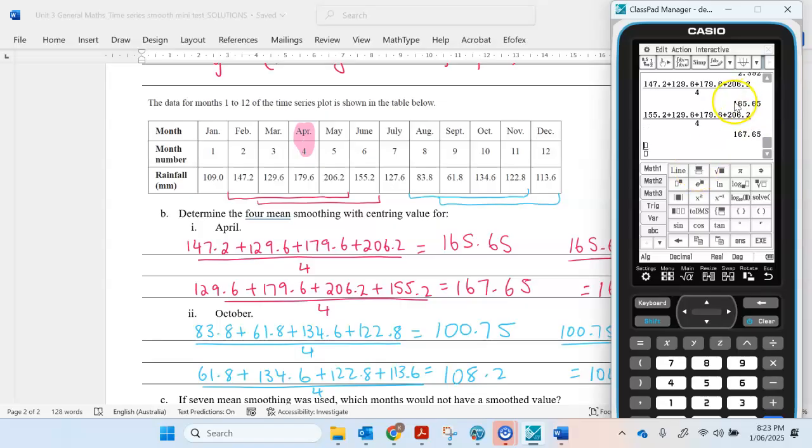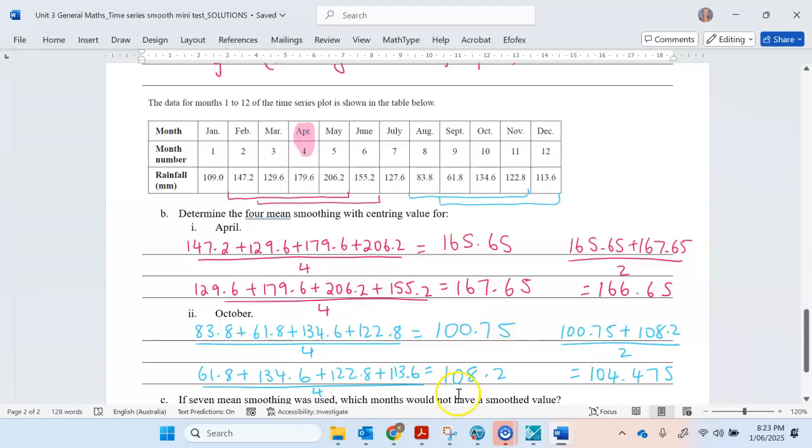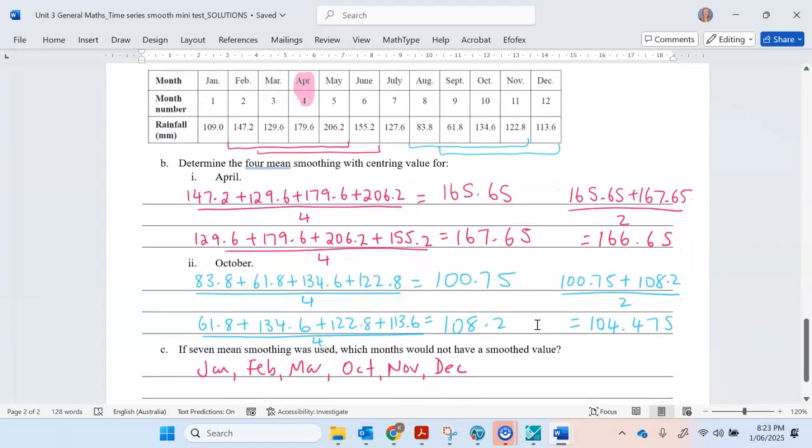So we use that, and then you can just drag into here, plus. The good thing about your calculator is you can copy things very easily, which saves time. And then we're dividing it by 2 because we're centering, and getting your number like that. So a few of you left that one blank, so just make sure you can do that sort of smoothing.